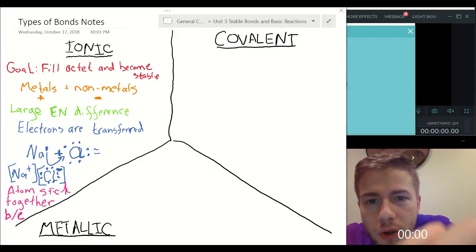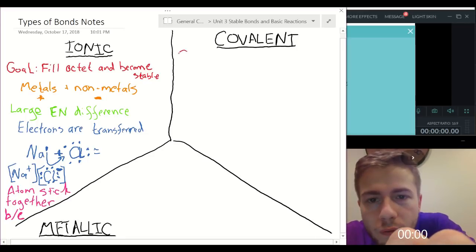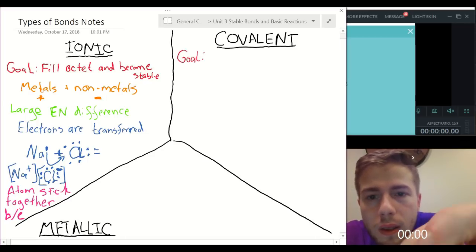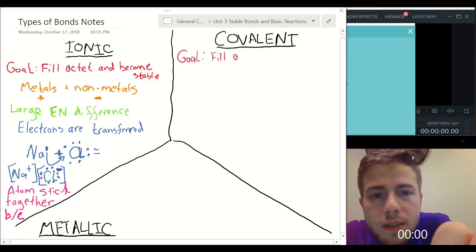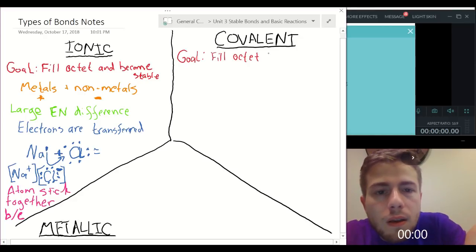So we're going to say the goal for covalent bonds is to fill their octet and become stable.